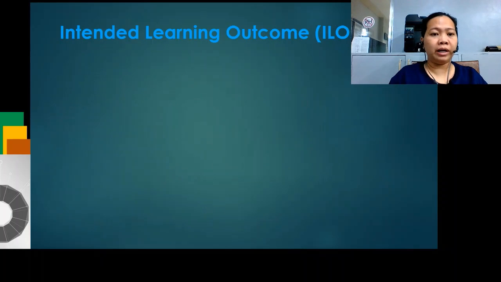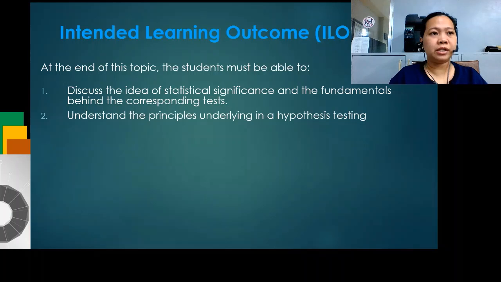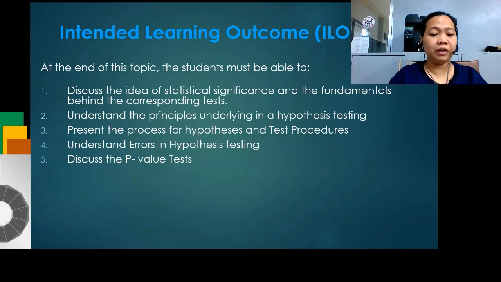So our intended learning outcomes are the following. The students will be able to discuss the idea of statistical significance and the fundamentals behind the corresponding test, and understand the principles underlying hypothesis testing. Third, the students will be able to present the process for hypothesis and test procedures. Fourth, understand errors in hypothesis testing. Fifth, discuss the p-value tests.